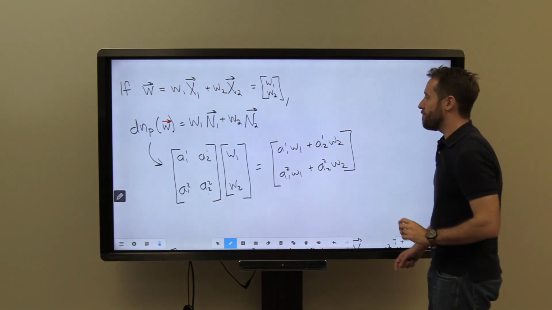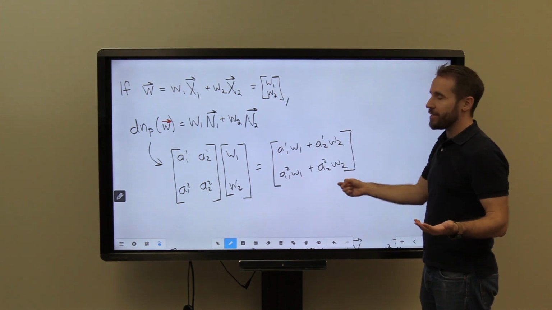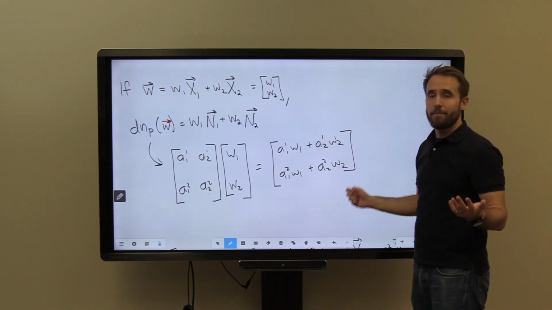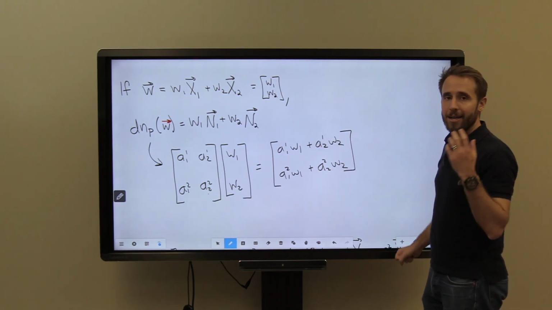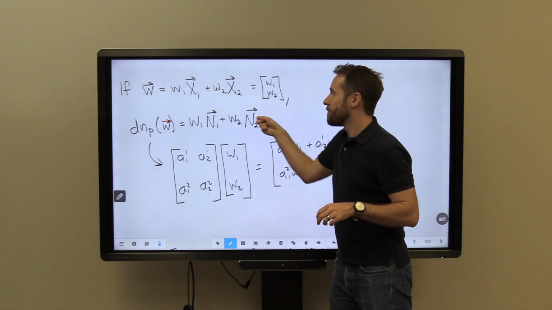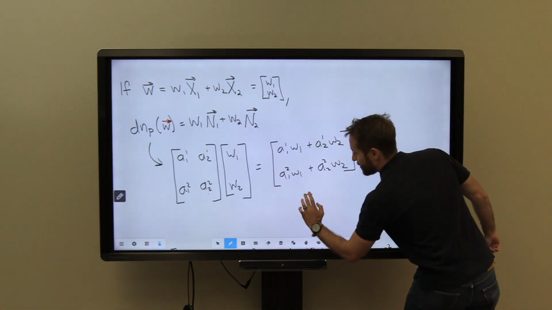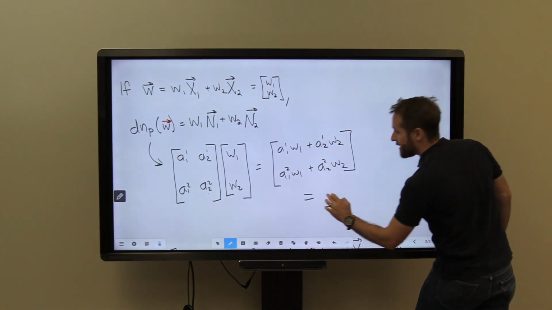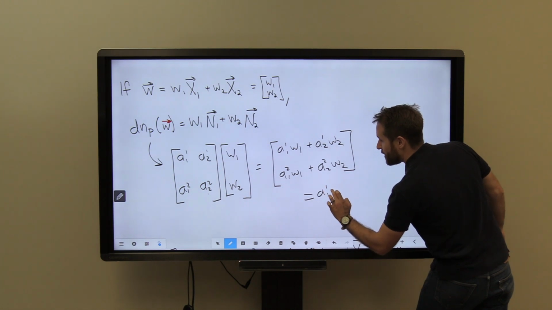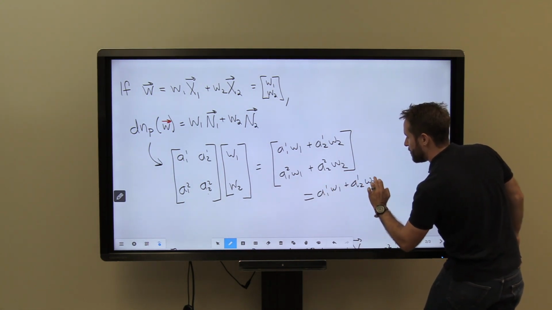Right? And those would be my entries, I should say, as outputs in my basis, which means that my new vector, which I already know to be this vector up here, could be equivalently written as A11 W1 plus A12 W2, right?